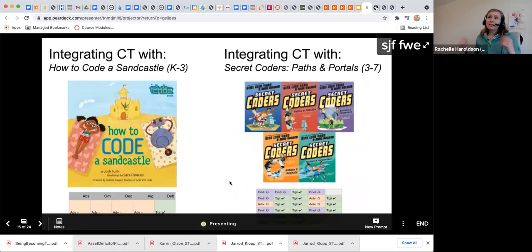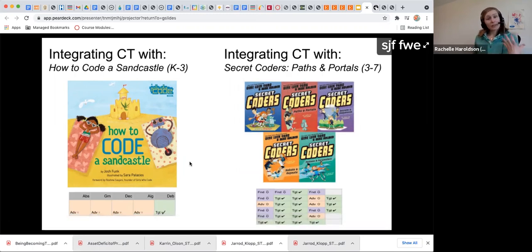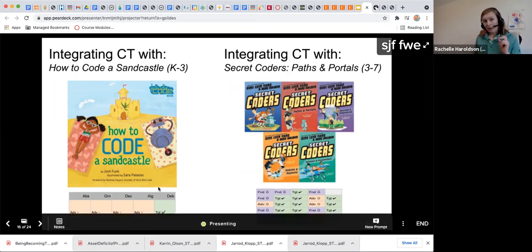All right, so what does this look like? How to Code a Sandcastle. This was one of our favorite books. This is Pearl and her robot Pascal, and it is targeted for kindergarten through 3rd grade. So if you teach at the kindergarten through 3rd grade level, this is a really great book for you. And if you have students who are a little more advanced in their computational thinking, this would be a good book to use with them.